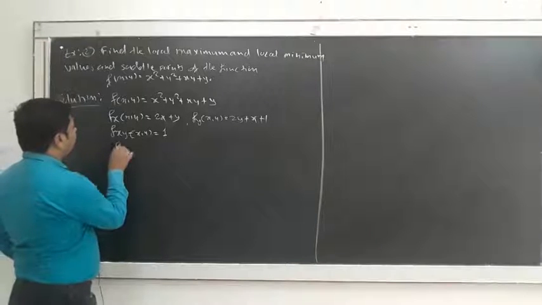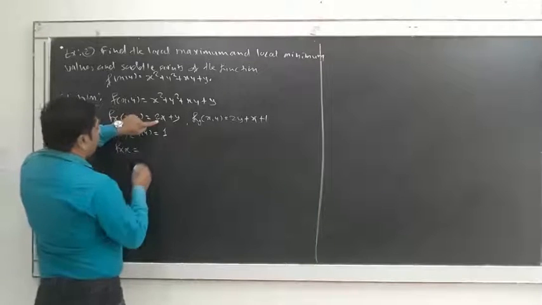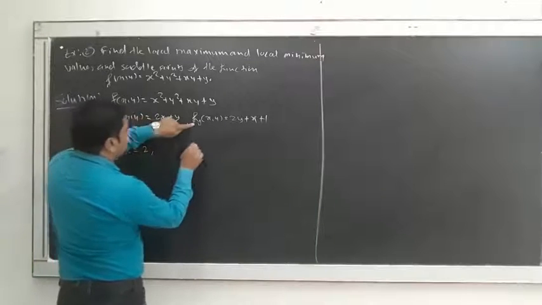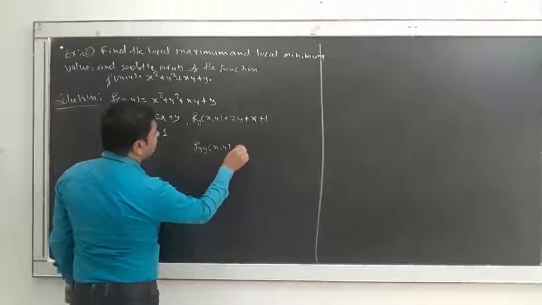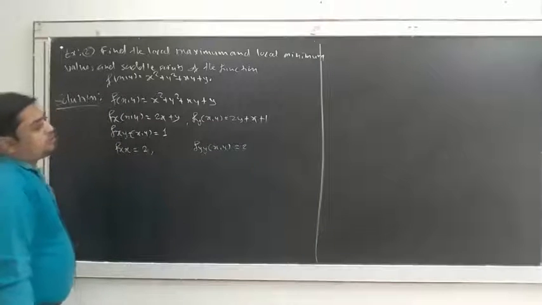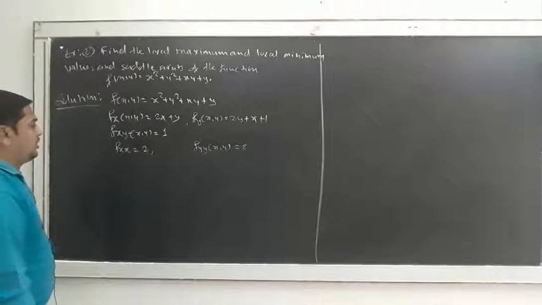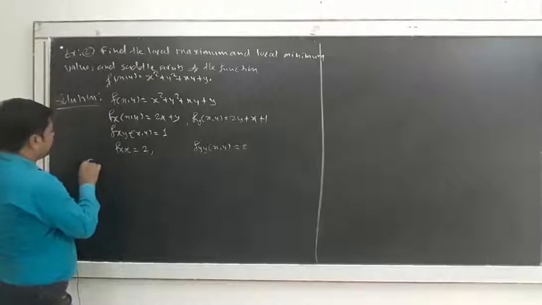So what can you find? fxx. What is the derivative of this again with respect to x? It is 2. What is the derivative of this with respect to y? It is again 2. Here it is 0 and here it is 0 again. So now what do we have to take for the critical point?